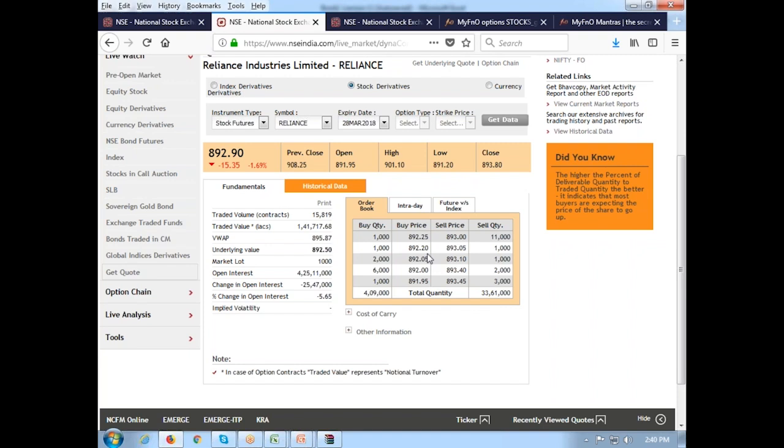If I have to buy, I'll give a quote price of 892.3 rupees. I don't want to buy at market price, which is called a limit order. I'll put a limit order of 892.3 and then 892.35 if I don't get the price, up to 893. So this is bid and ask.